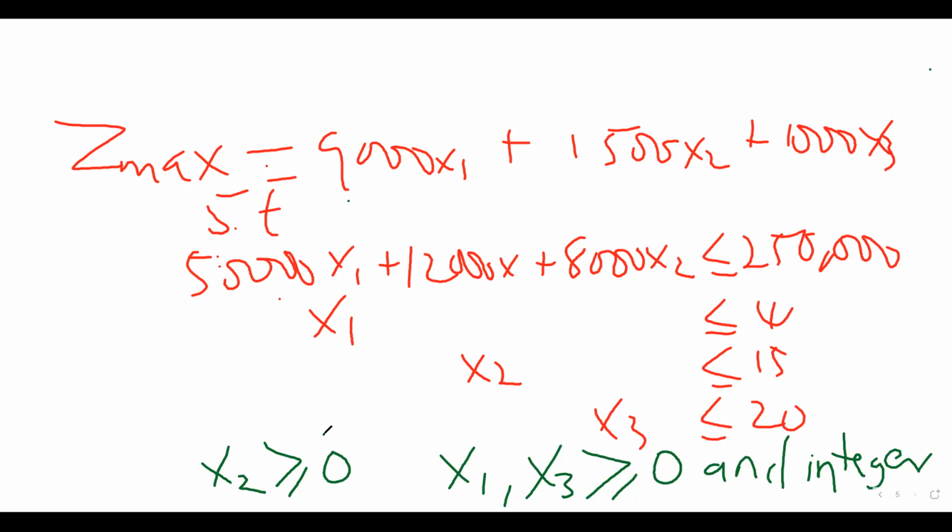Being greater or equal to 0 means it's non-negative, but if you want to show that they are integers, you add integer. There's no binary here, nothing that may be there or may not be there. And so that settles it.